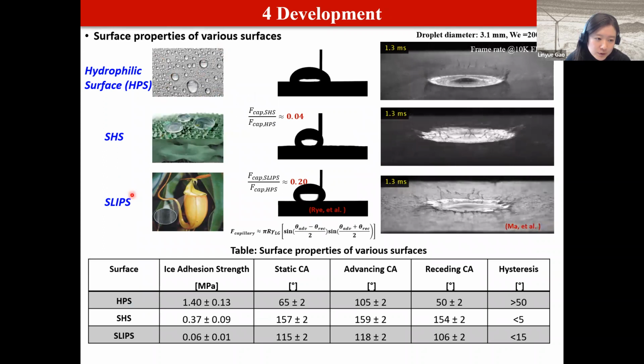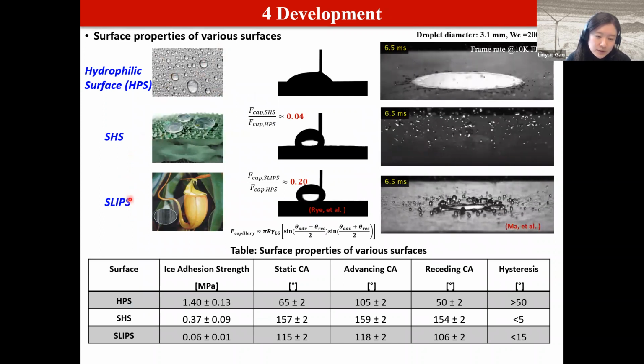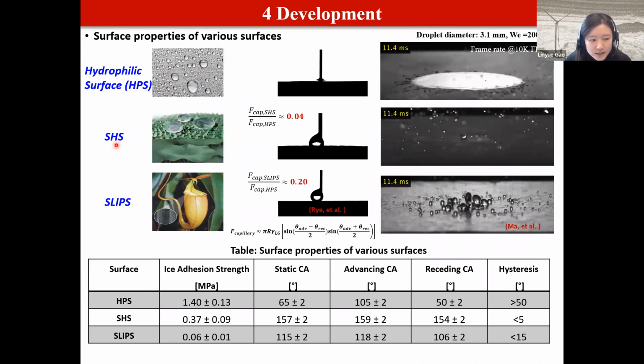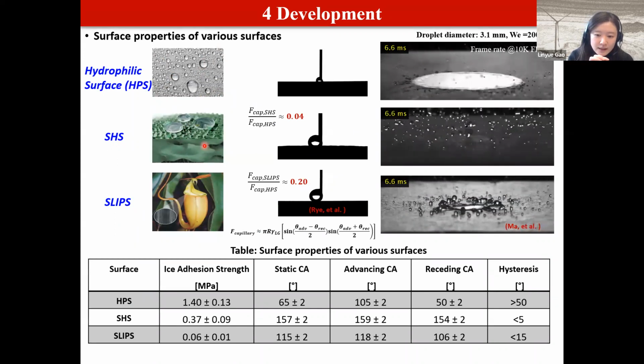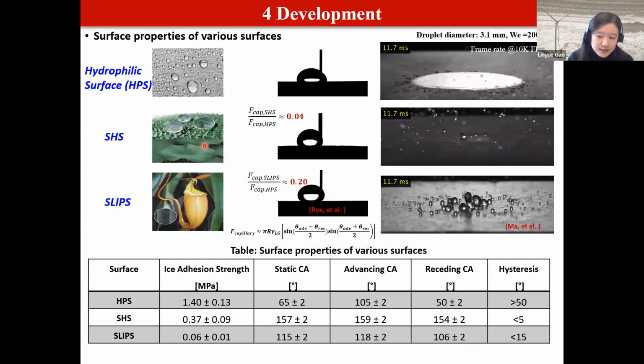And today I want to show you two different kinds of coatings. One is the superhydrophobic coating, which is inspired by the lotus leaf. For the superhydrophobic coating, we have nano and macro scale roughness structures on them. And another one is the slip surface inspired by the pitcher plant.